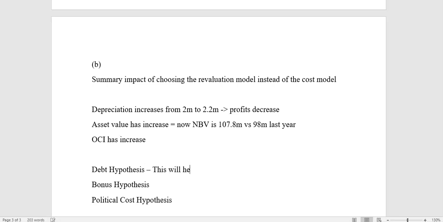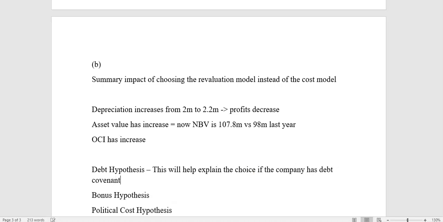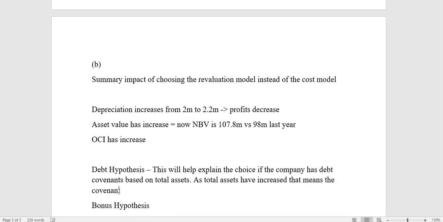This will help explain the choice if the company has debt covenants based on total assets. As total assets have increased, that means the covenant will look better to the bank.